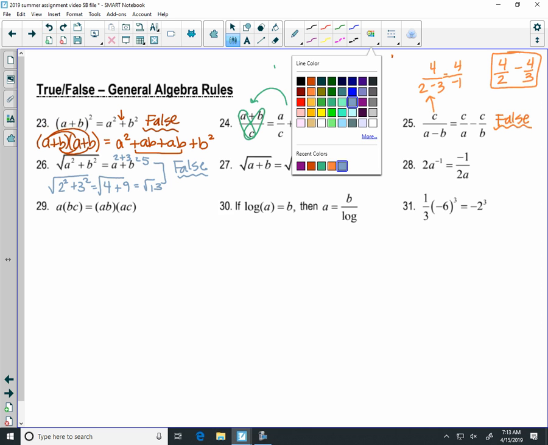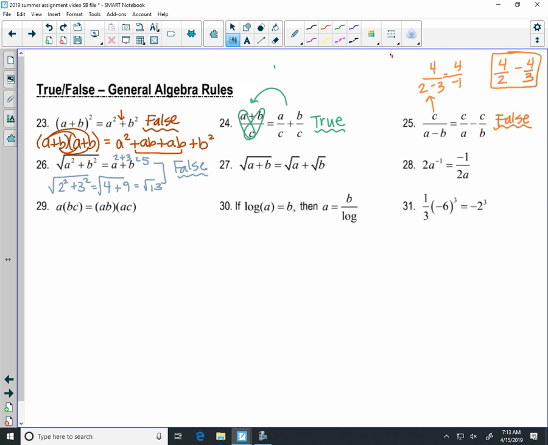Same idea with 27. 27 is false. We can't break up over that addition. That's a good one to put some numbers in as well. 28. For 28, if you look at the left side and think exponent rules, a negative exponent is going to drop just that piece into the denominator.